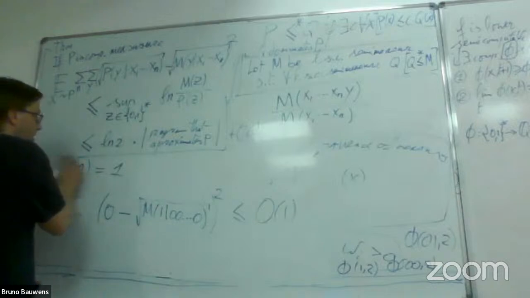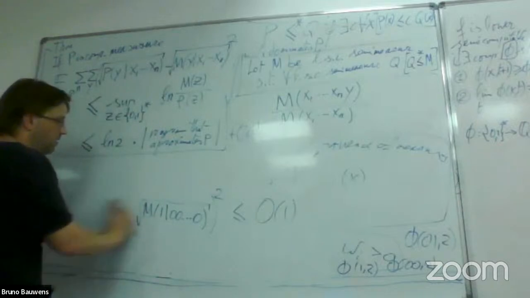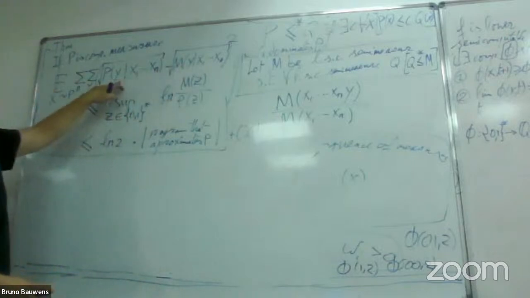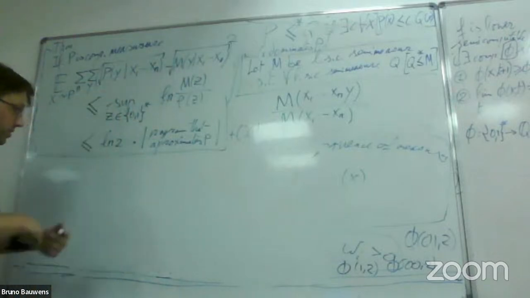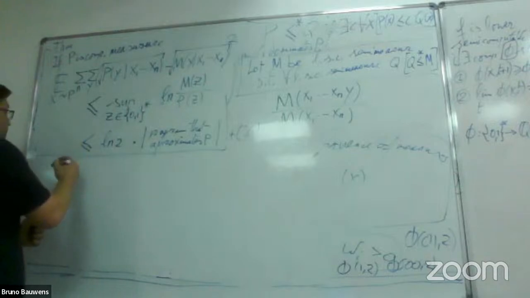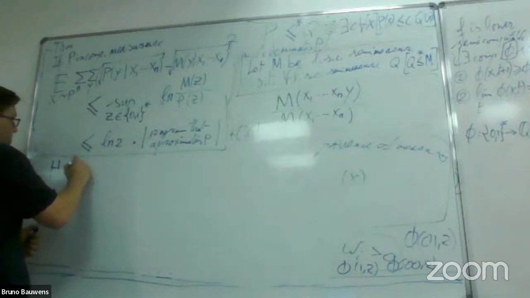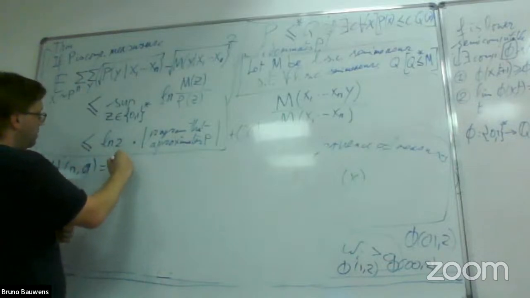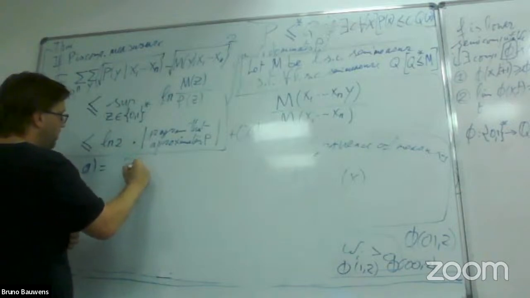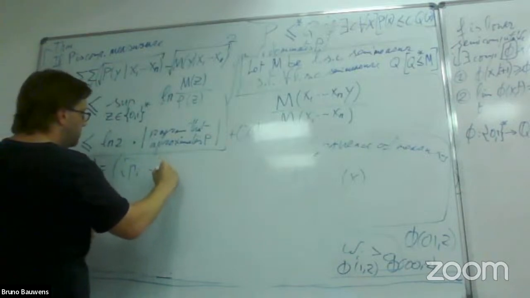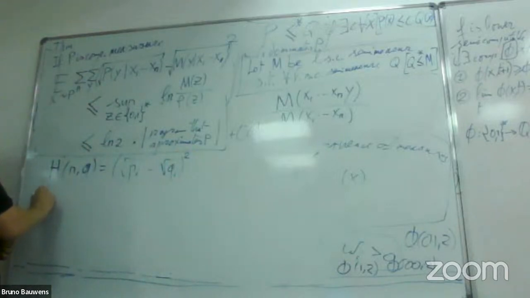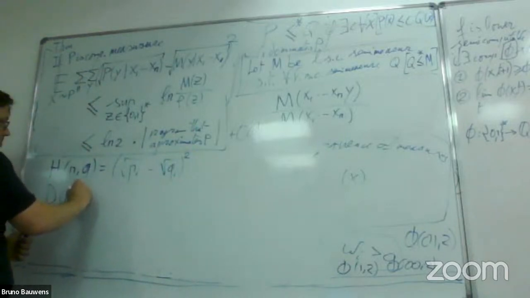Okay, first step: we have these ugly square roots, we will get rid of them. Given two measures, so we have two vectors P and Q, the Hellinger distance between P and Q is equal to the sum of the squared differences of square root Pi minus square root Qi. But then we also have the Kullback-Leibler distance between the vectors.